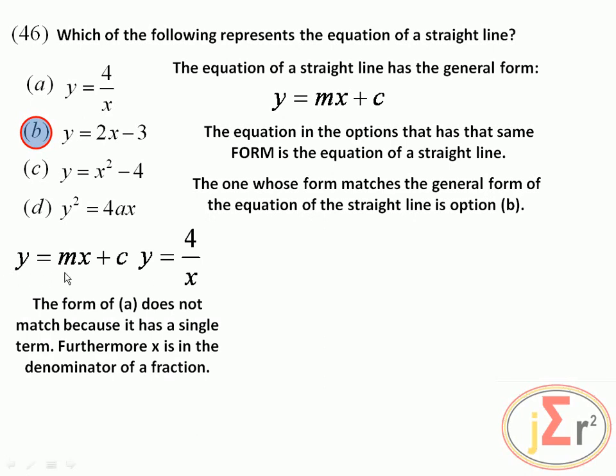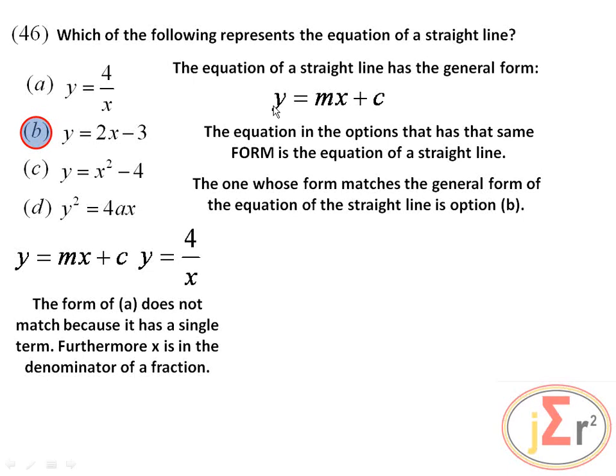Here we have the general form of the equation of a straight line, and we are comparing it with the form in option A. The form of option A does not match because it has a single term.